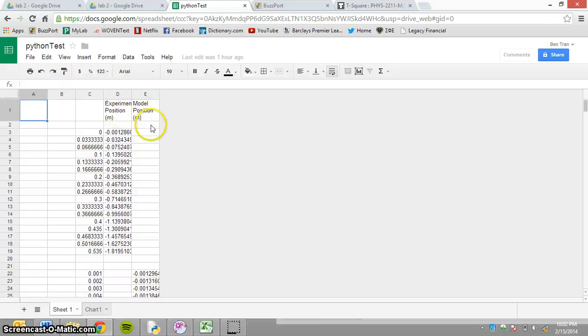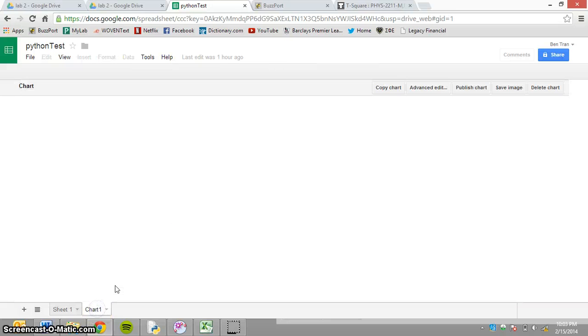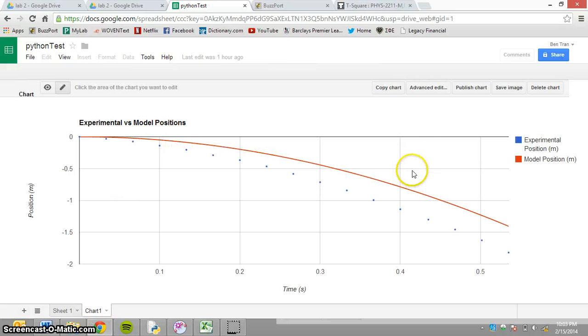And this column is the model position, which is the positions that we get from VPython. To make them easier to compare, we can make them into a chart right here.